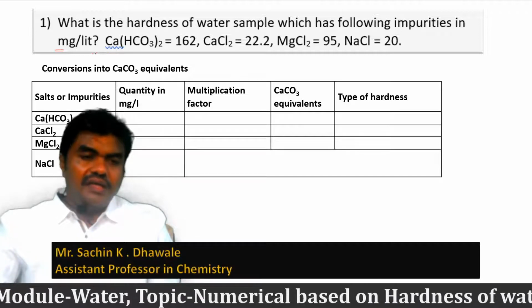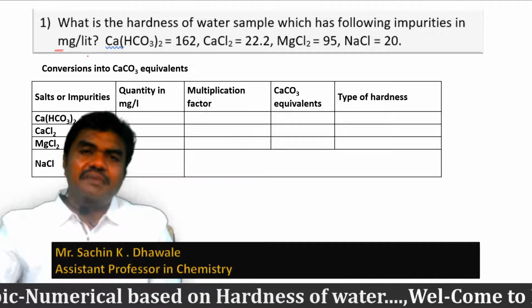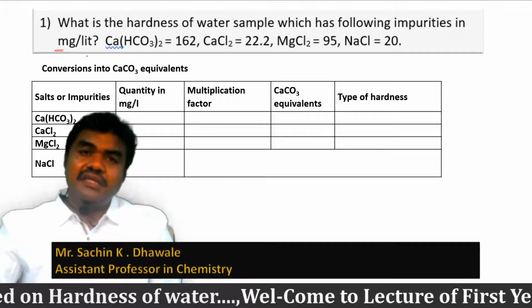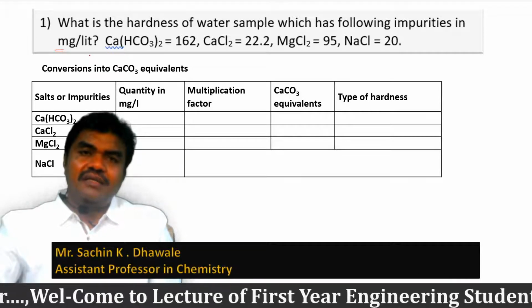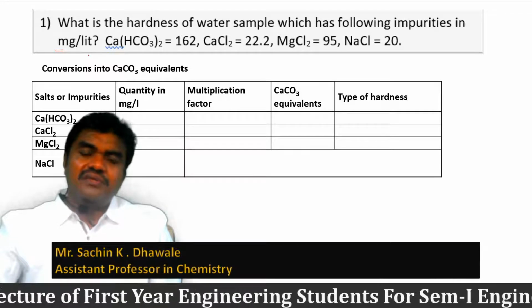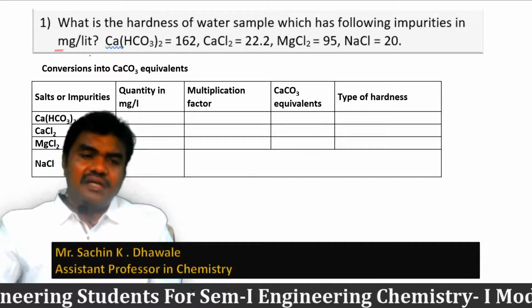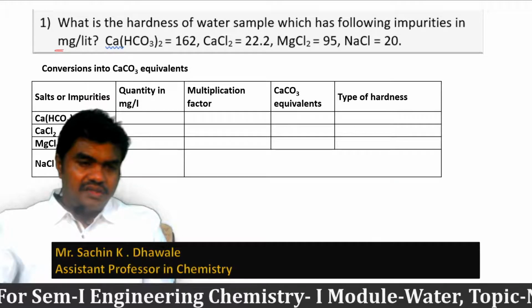In that numerical, the unit is mentioned, milligrams per liter, which you must mention in your answer. Whatever units are used in the numerical, the same unit should be included in your answer. I am going to solve this numerical.